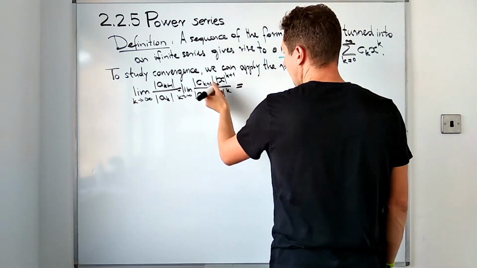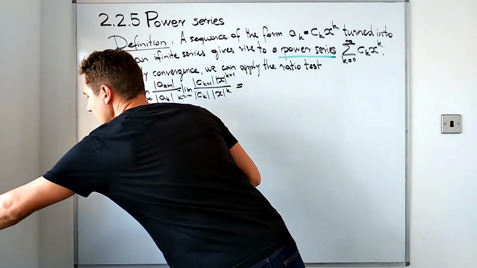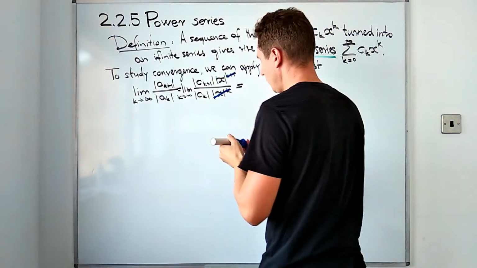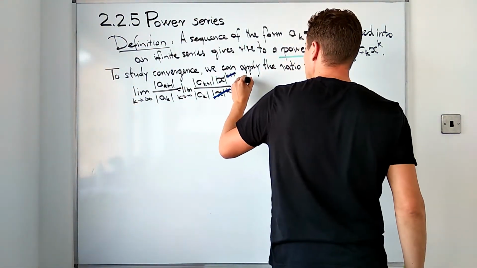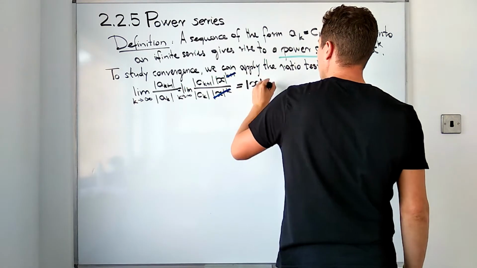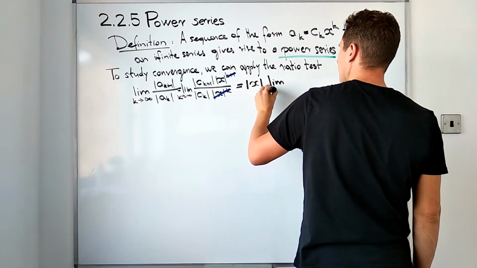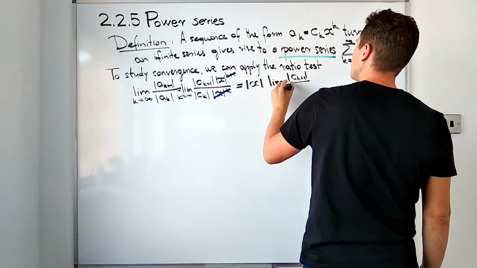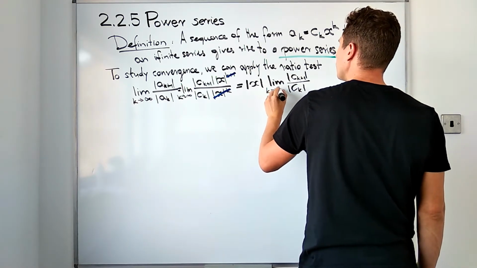Now, of course, we can simplify here with x to the power k. Let me just do that, and we are left with the absolute value of x, which we can just bring forward, to write that this is the absolute value of x times the limit of the absolute value of c_(k+1) divided by the absolute value of c_k as k goes to infinity.